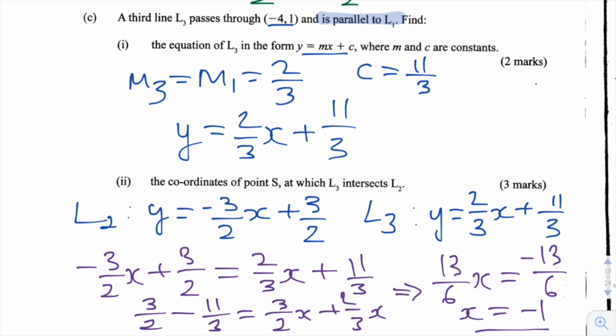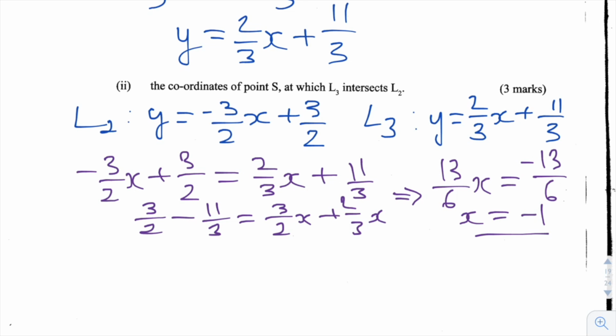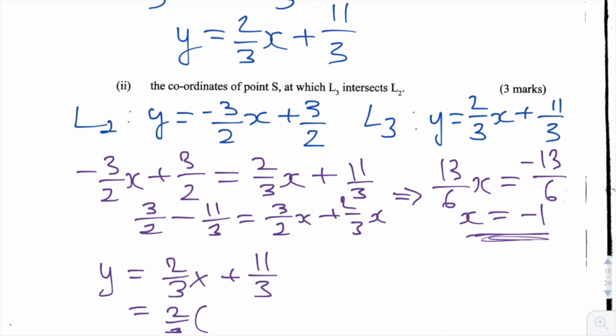Now let's find out what the y-coordinate of point S is. So let's substitute x equals -1 into y equals 2/3 x plus 11/3, which is the equation for line L3. When we do that, we get 2/3 times -1 plus 11/3.